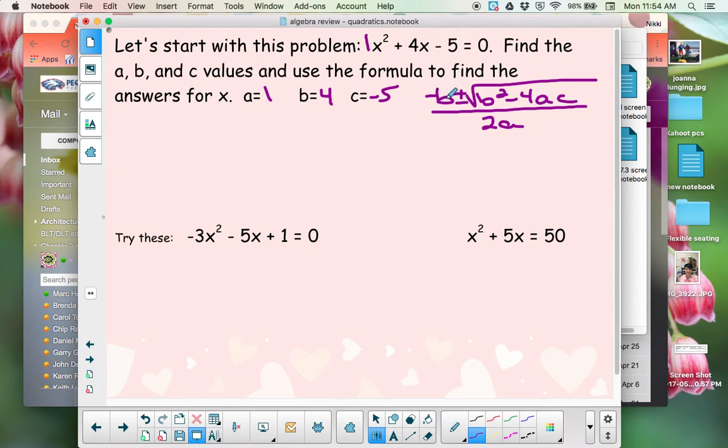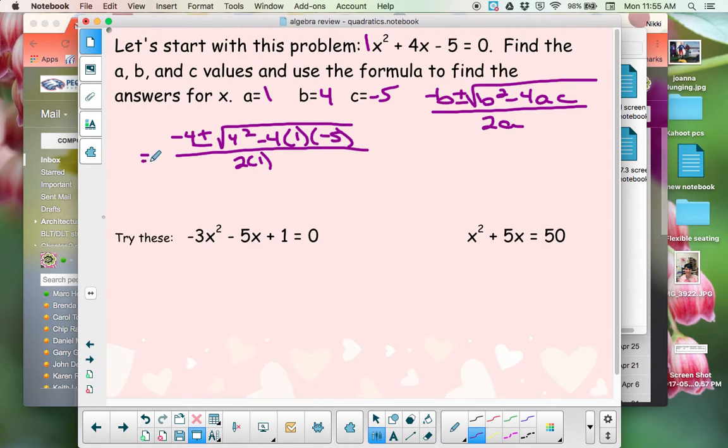We take the opposite of b, so the opposite of 4 would be negative 4, plus or minus, and we'll talk about the plus or minus in a minute, so don't worry about not knowing what that means. B squared, so I'm going to take 4 and I'm going to square it, minus 4, that's part of the formula, times my a value, which is 1, times my c value, which is negative 5. Make sure you put that negative in there or you will get the wrong answer. And then you put that all over 2 times your a value. Well, my a value is 1, so 2 times 1 would be 2.